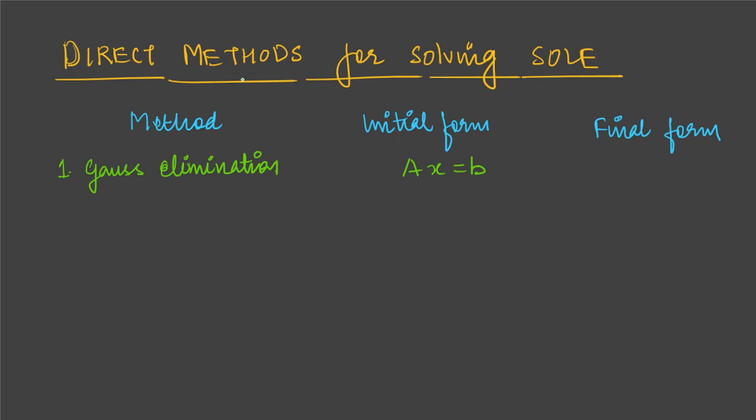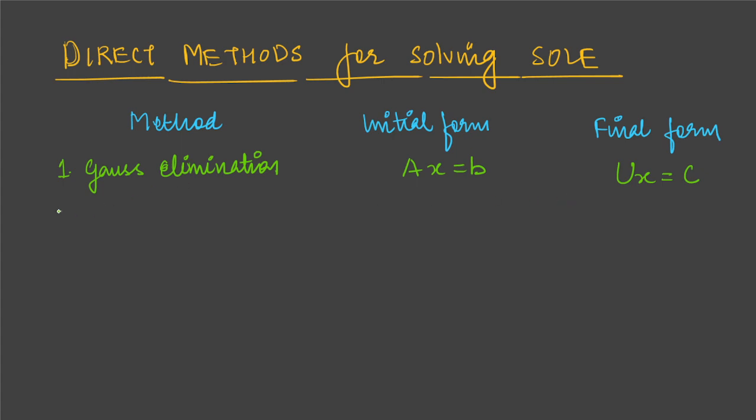They transform our original equations into equivalent equations by using elementary operations. So the initial form is this, but once we transform into the equivalent equation, it takes the form Ux equals c, where this U is an upper triangular matrix. So our matrix A is converted into an upper triangular matrix U for easier calculation.